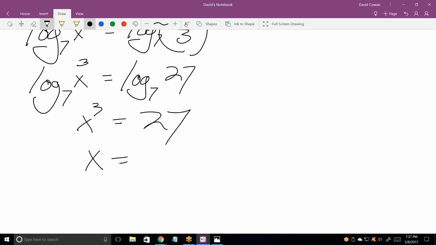Positive or negative 3? Positive only. Well, notice that negative doesn't work. Negative 3 times negative 3 times negative 3 is negative 27. So when you have odd exponents, you don't have plus or minus answers.